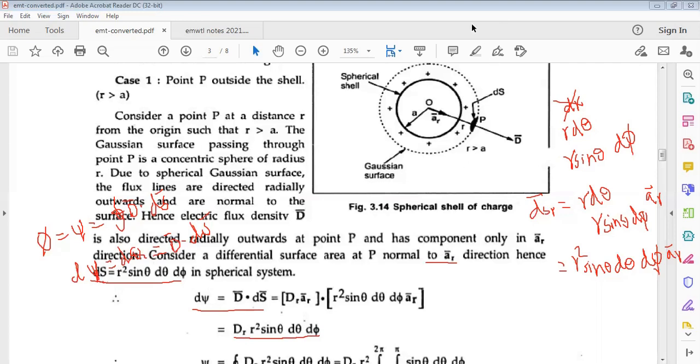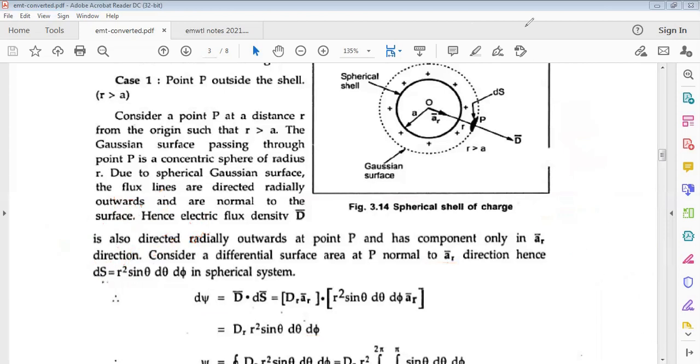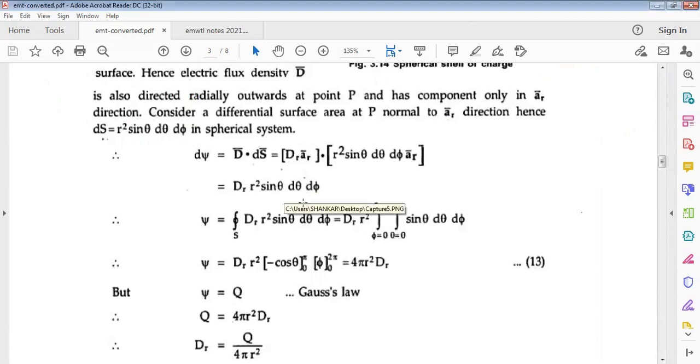Now ψ is equal to the surface integral of D_r r² sinθ dθ dφ. In this integral, we have only θ and φ; D_r and r² are constants. φ varies from 0 to 2π and θ varies from 0 to π in the spherical coordinate system.